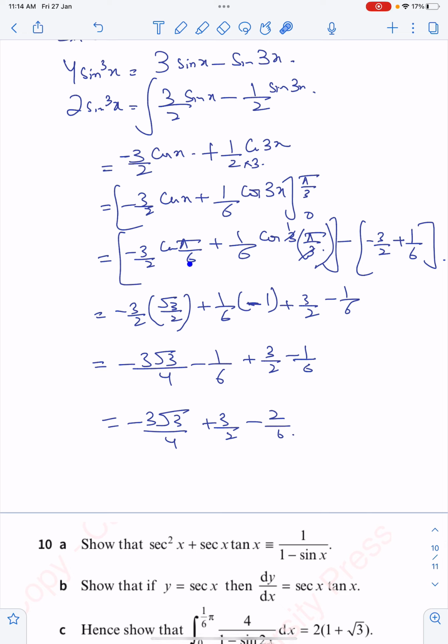It was pi by 3 and I have put pi by 6 here by mistake. Pi by 3. Everything else is the same, so I just have to change this number. So minus 3 upon 2 times cos of pi by 3. So this is minus 3 upon 4. Minus 3 upon 4.